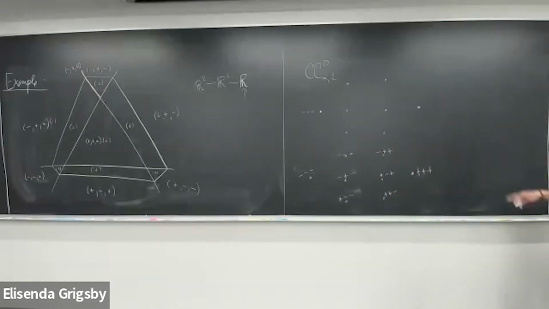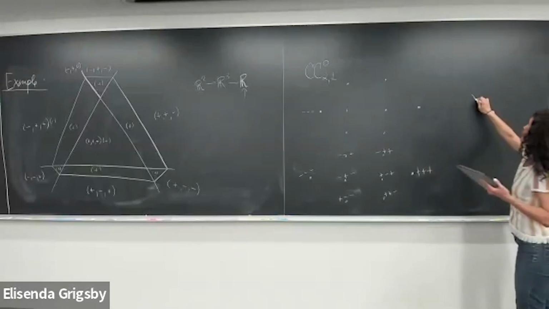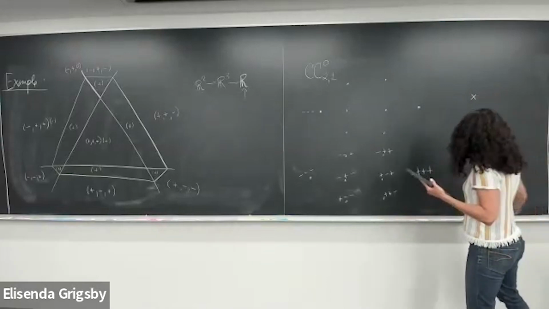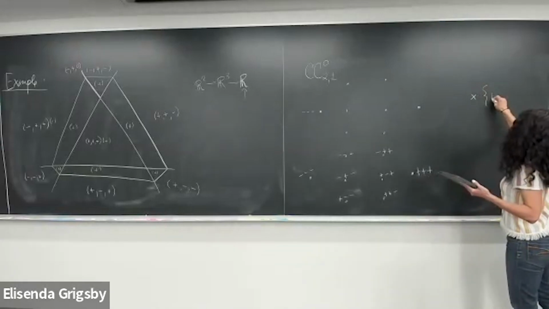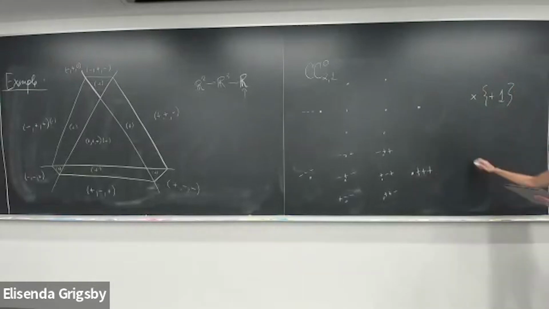So these are like the vertices of a 3-cube, and I have 2 copies. I'm thinking of this as being the copy at plus 1 for that final neuron, and this is minus 1. Okay.